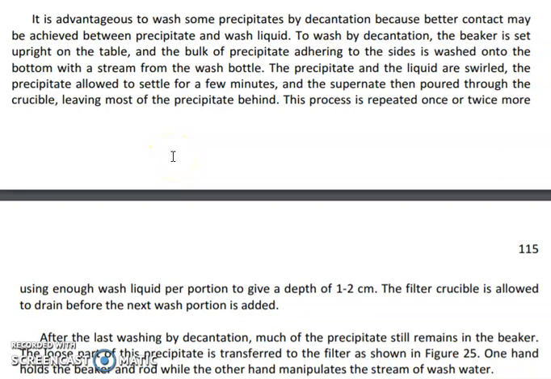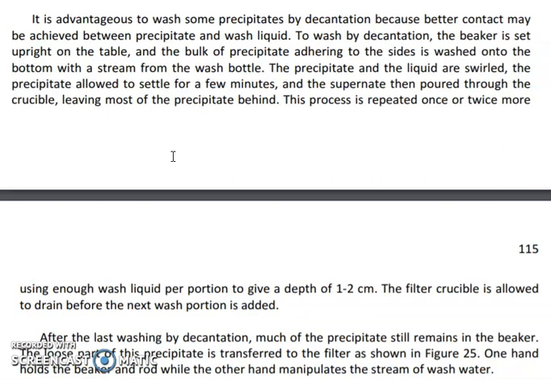Now it is advantageous to wash the precipitate by decantation because better contact may be achieved between precipitate and wash liquid. To wash by decantation, the beaker is set upright on the table and the bulk of the precipitate adhering to the side is washed onto the bottom with a stream from the wash bottle.